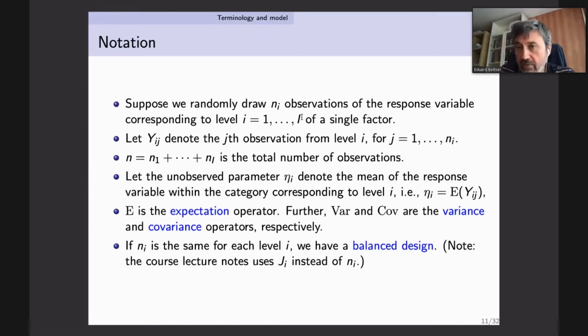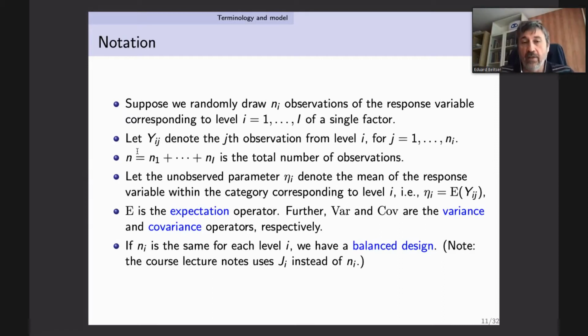So in our case, 5 cities, there will be just 5 samples. The observation has a double index. The first index gives which sample, which level it belongs to, and j is the jth observation in that sample.